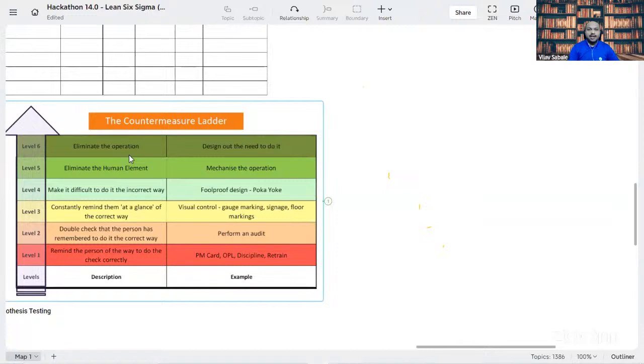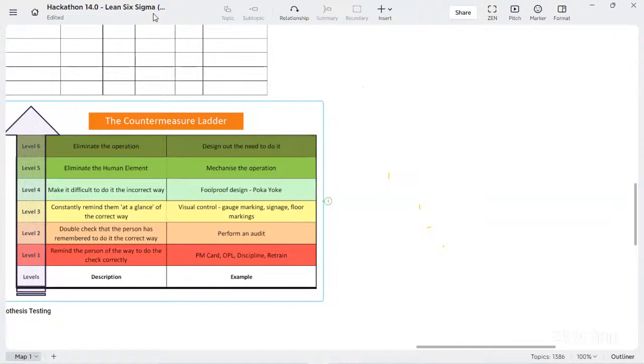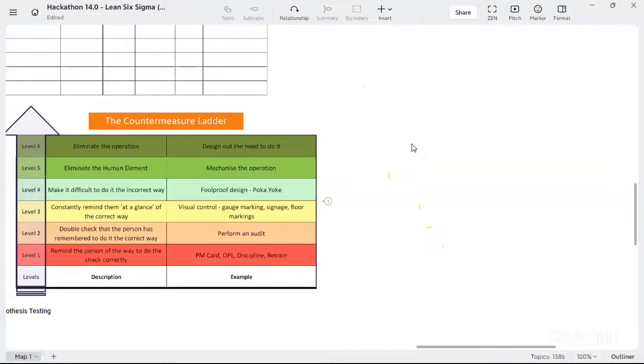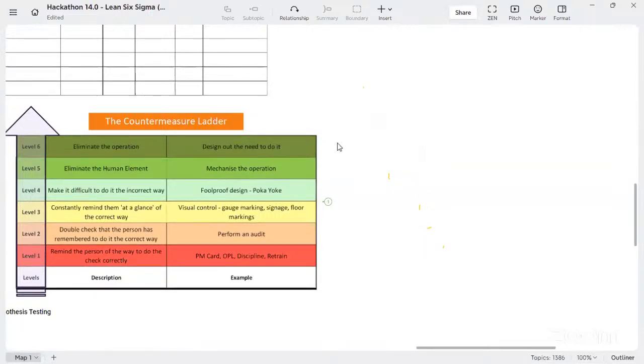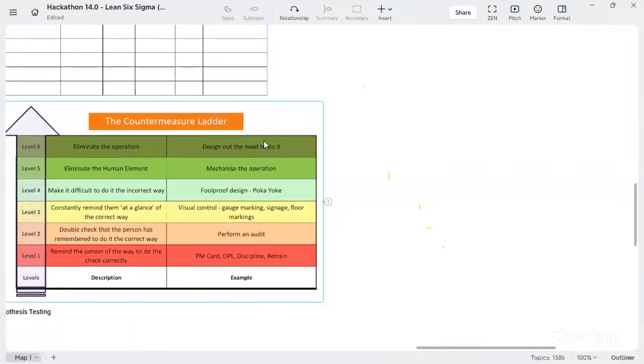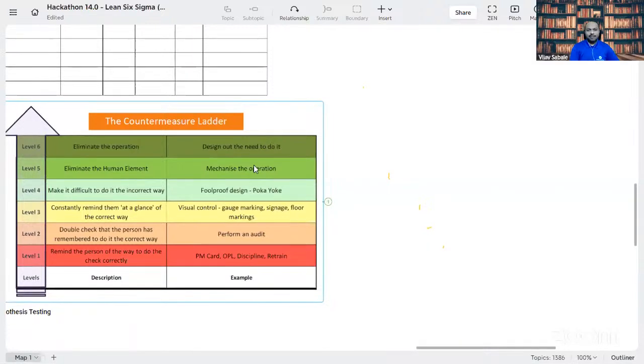Do you remember anything? Completely eliminating the element, implementing the design like foolproof. Do you know any example of this? Automation, you say? Automation will come at level 5.